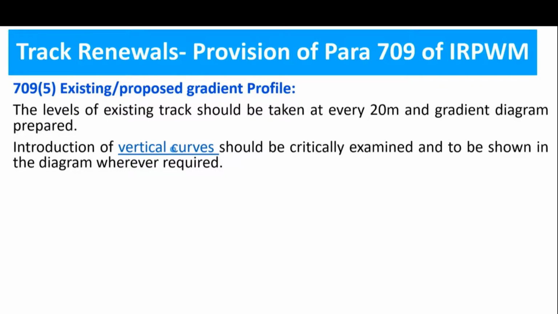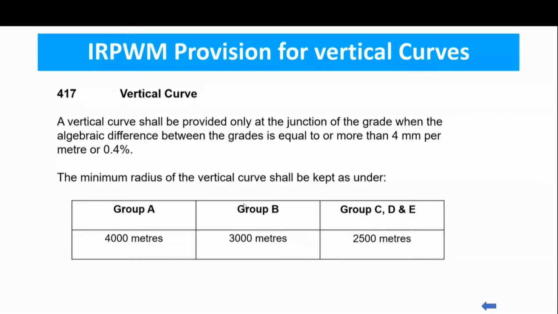So the provisions for vertical curves are: wherever there is a change of grade of 0.4%, that is 4 millimeter per meter or 0.4%. Only wherever there is a change of grade, we are required to provide it.